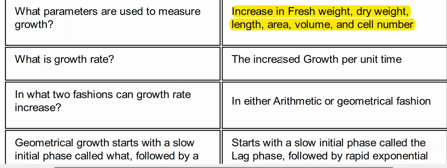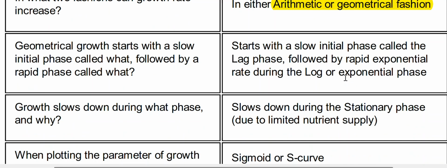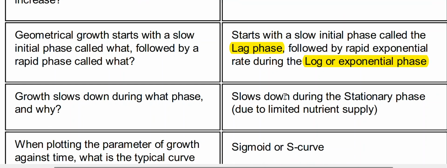Growth rate is the increased growth per unit time. There are two ways growth can be measured: arithmetic and geometrical. Geometrical growth starts with a slow initial phase called the lag phase, and the rapid phase is called the log or exponential phase.